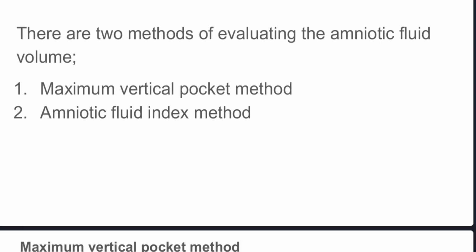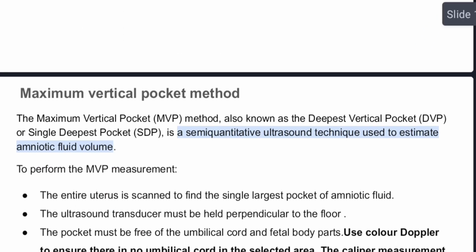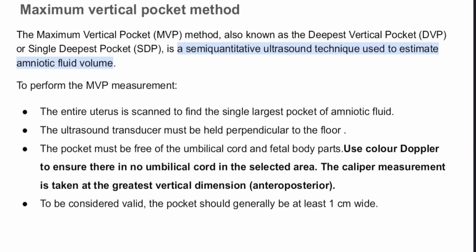Now, in the second and third trimester, we use these two methods: the maximum vertical pocket method and the amniotic fluid index method. The maximum vertical pocket method is also called the single deepest pocket method. To perform this, the entire uterus is scanned to find the single largest pocket of amniotic fluid.